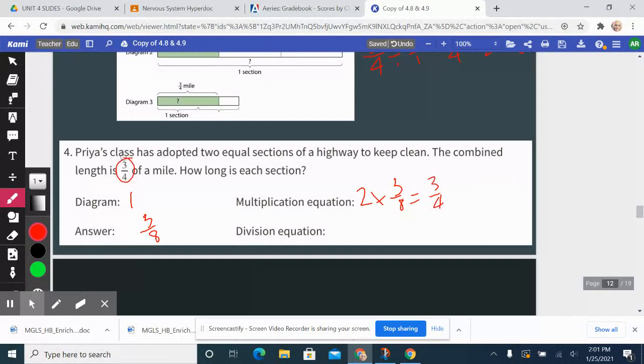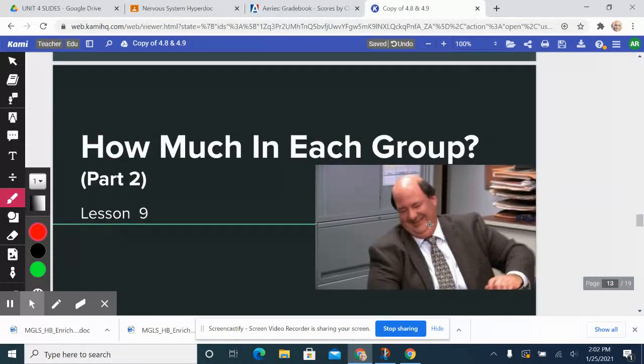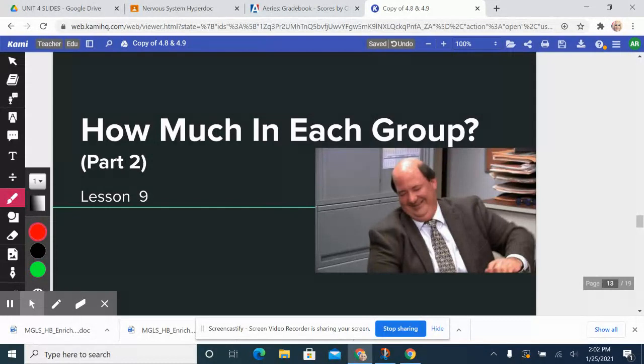And that 3/4 is right there. Right? And then your division equation is what I set up for you in the beginning: 3/4 divided by 2 makes the 3/8. Okay, so now I move to section 9.